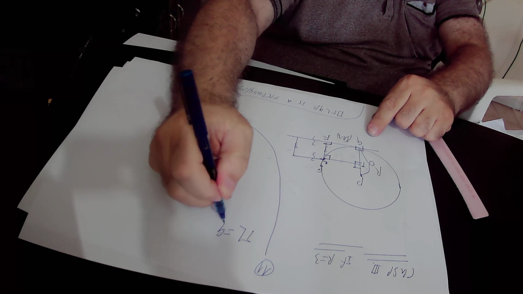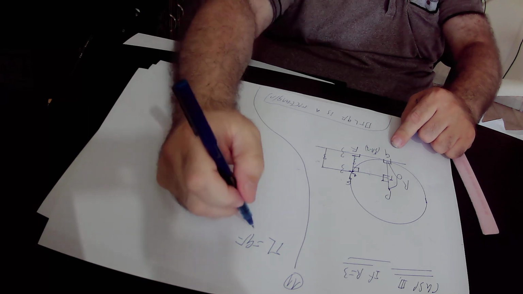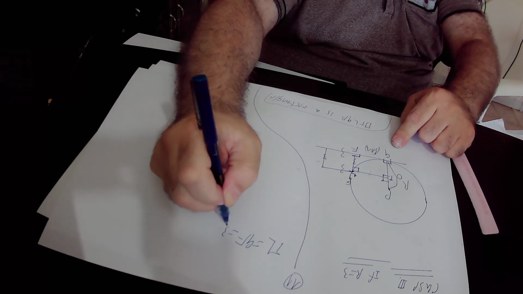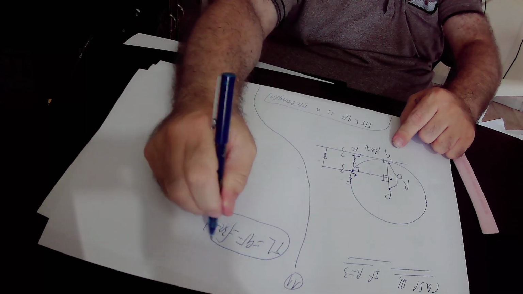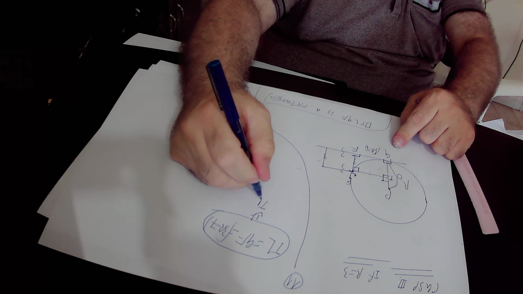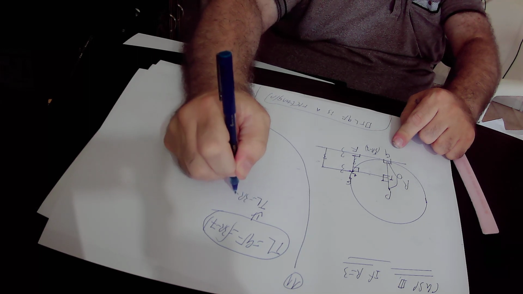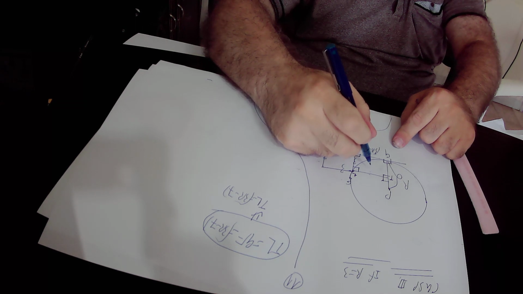TL equals QF. But according to what we have only found out, QF equals 3R minus 7. So from this equation TL equals QF equals 3R minus 7, we will derive that TL is also equal to 3R minus 7.